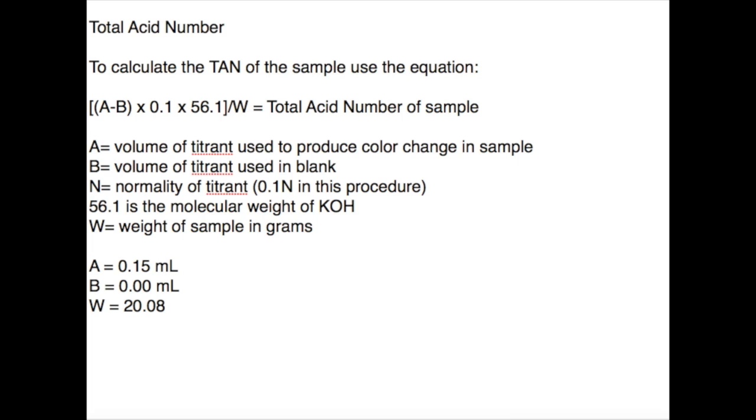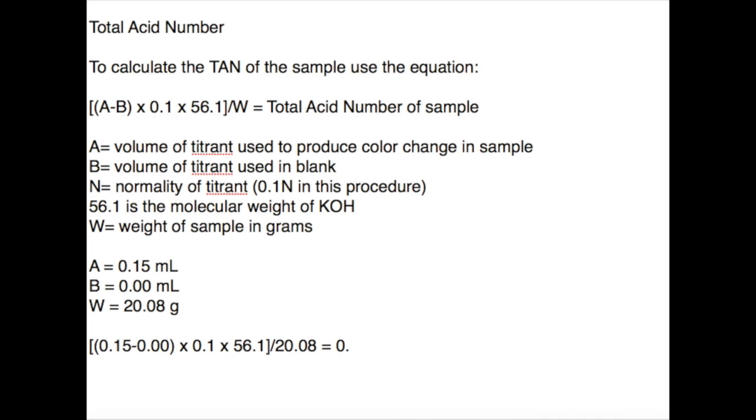We had 20.08. So, to calculate, you simply take the amount of titrant required to change the color in the sample, subtract the amount of titrant used in the blank, which in our case was 0. Multiply that by the normality, and then by the molecular weight of potassium hydroxide. Divide that by the weight of the sample.